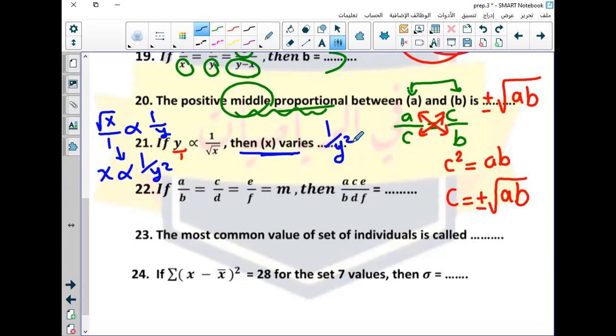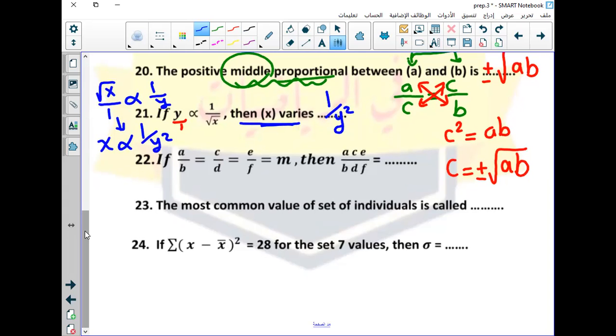Number 22, if a over b equals c over d equals e over f equals m, then if we note that this is a proportion, e will be equal to f m, and c equals d m, and a equals b m.